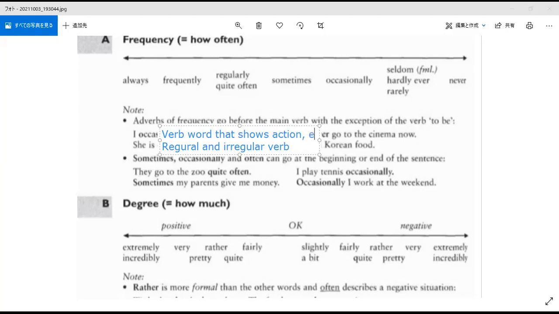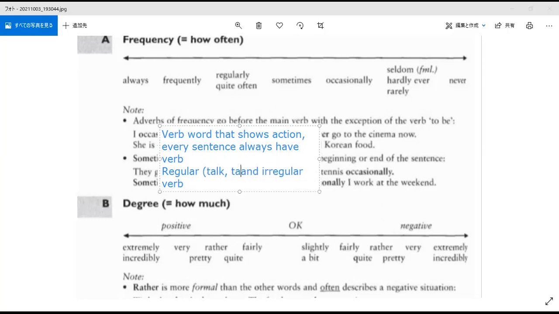And every sentence always has a verb, and then it has regular and irregular verbs. Regular verbs like talk, talked, and irregular verbs like show, showed, shown.